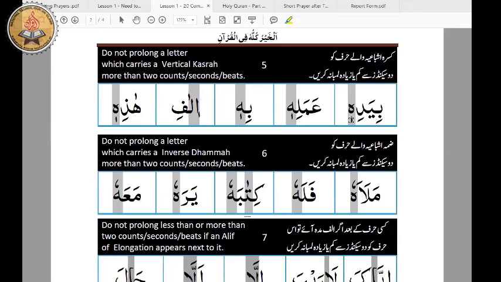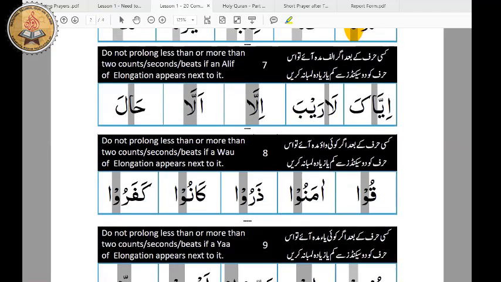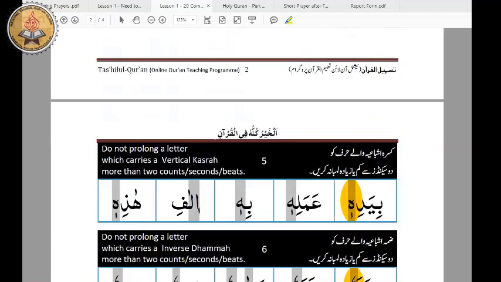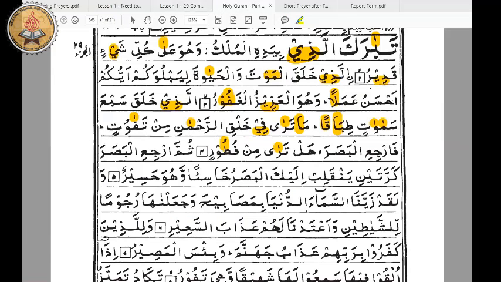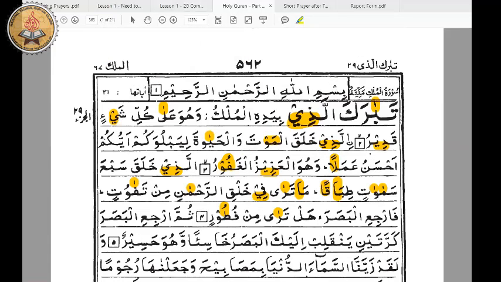So this is a vertical kasra, and this is an inverted dhamma. I think you learned this last week, so I'm not going to go too much into it. What I would like to do in this session is to just go over the first 5 verses of Surah Al-Mulk, and as you can see there are a few places where letters or words have been highlighted.